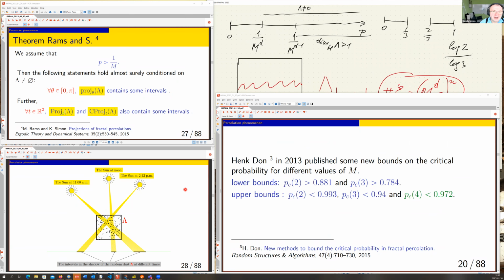So if P is bigger than 1/3, but smaller than the critical probability, for example smaller than 0.784, then Lambda is a totally disconnected set. So it is a random dust, but from every moment when the sun shines, in the shadow you will find an interval. That's how we popularized this theorem.